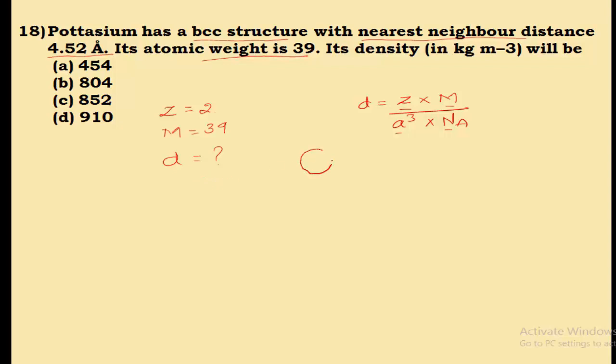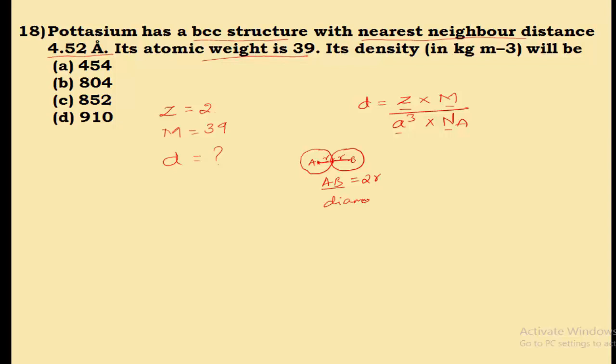They have given the diameter. If I consider two atoms separated by a certain distance, that distance is measured from the centers of these spheres. From the center to this point it represents R, the radius, and for this sphere from center to this point it again represents R. If I call this point A and this point B, AB is equal to 2R, and this AB represents the diameter.